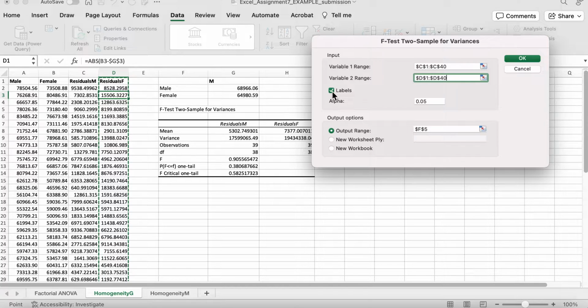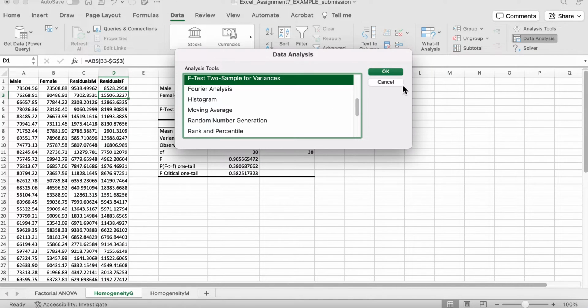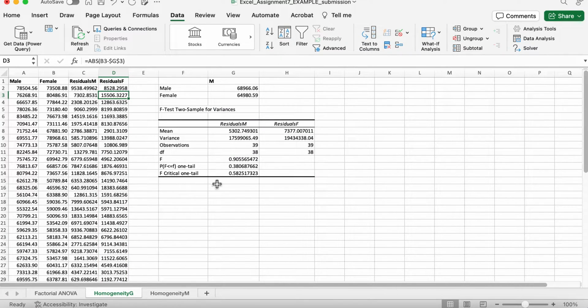I selected the labels as well, and then I put the output range here. I kept the alpha at 0.05, and it gave me this. So I can look at this p-value and say no, these groups aren't statistically different. So there's no problem there.